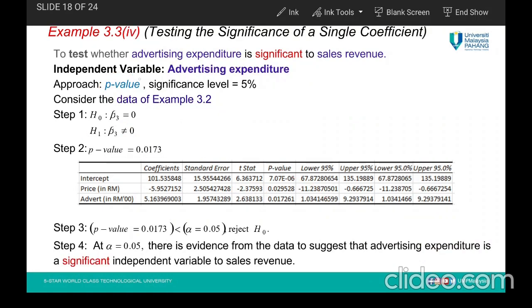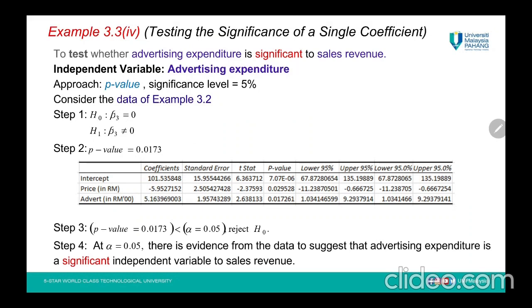Now we are in example 3.3.4. In this example, we want to test whether advertising expenditure is significant to sales revenue using p-value approach at alpha 0.05. The independent variable that we want to test is advertising expenditure or X3, where the corresponding parameter for X3 is beta 3.